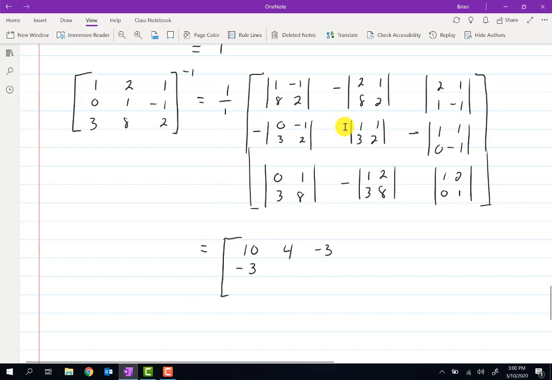The next, I get 2 minus 3 will be negative 1. Here I'll get negative 1, that 0 is the other way, negative 1 times the negative will be a positive 1. And then this one here will be 0 minus 3. And this here will be 8 minus 6 will be normally 2, but that'll be a negative 2. And last, I get 1 minus 0 will be 1.